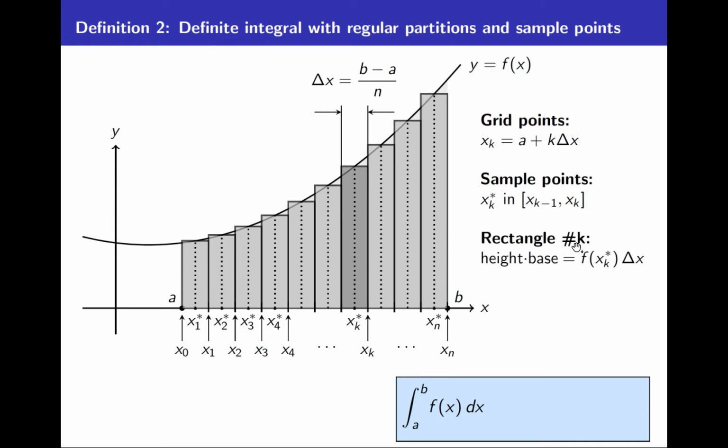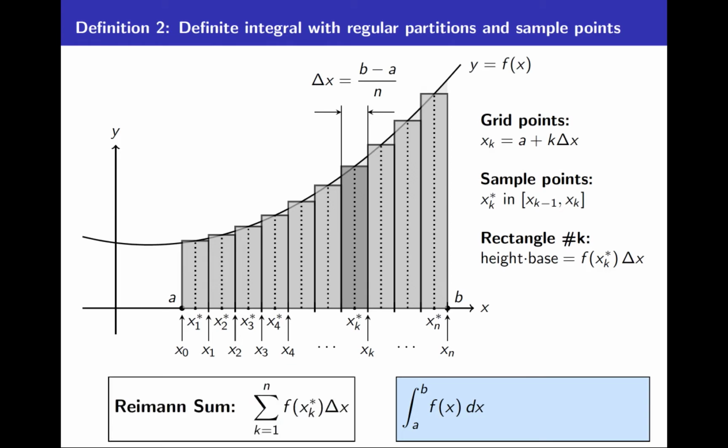So for rectangle k, the height times base is f of x sub k star times delta x. That's height times base for any rectangle k, for k between 1 and n. We can then make a Riemann sum, the sum from k equals 1 to n of f of x sub k star times delta x.